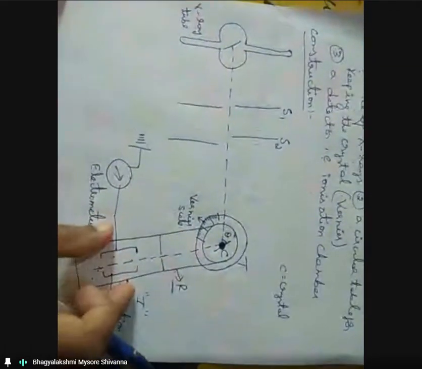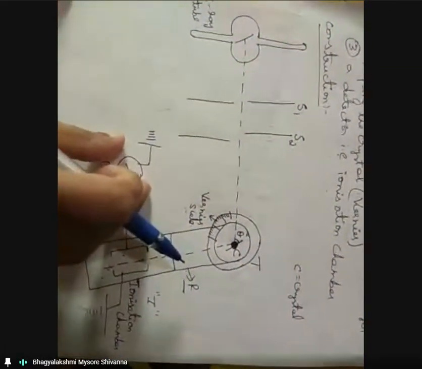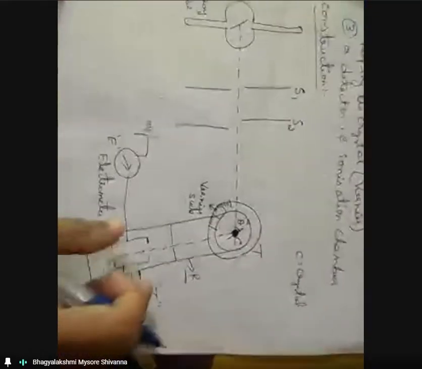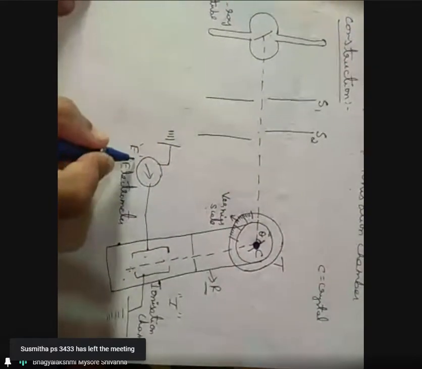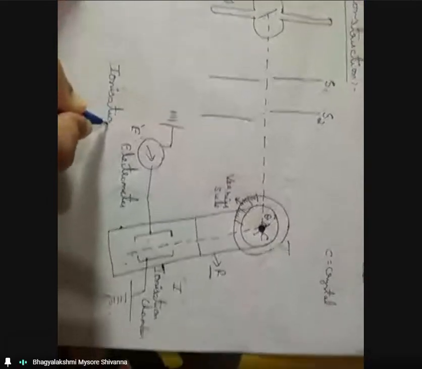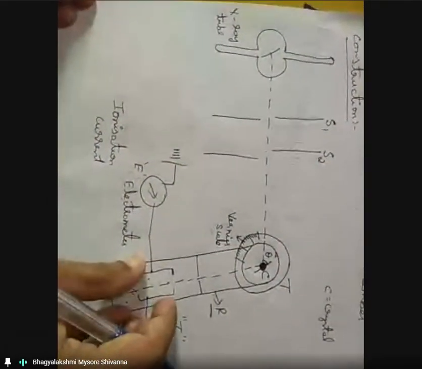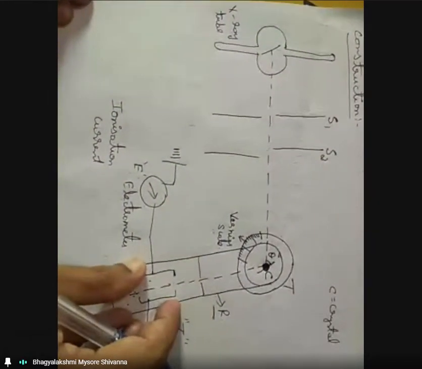The ionization chamber should be connected to the electrometer E to measure the ionization current.